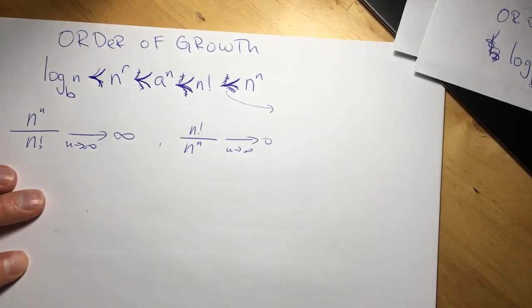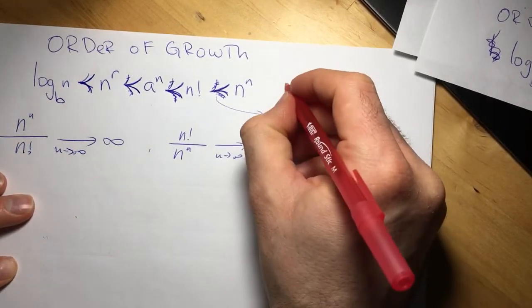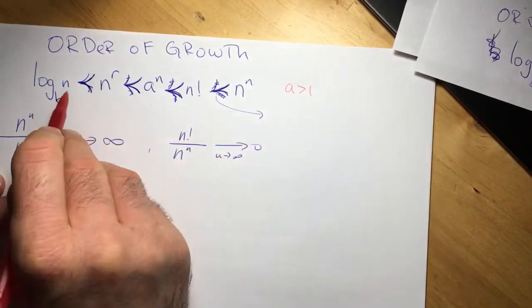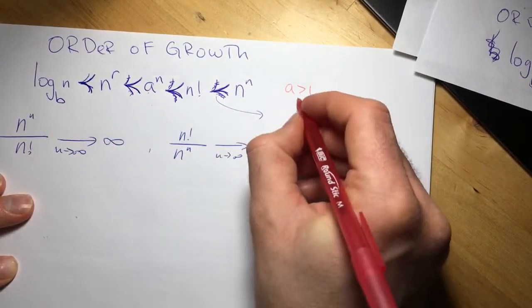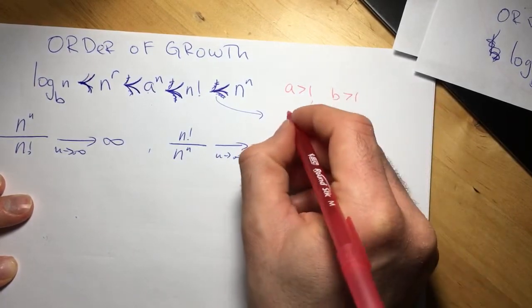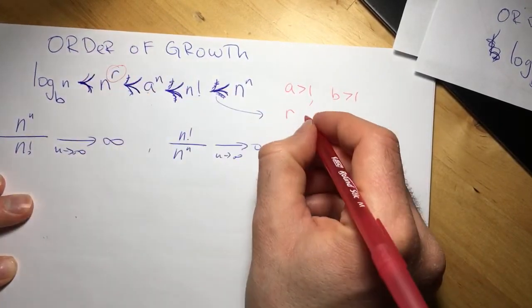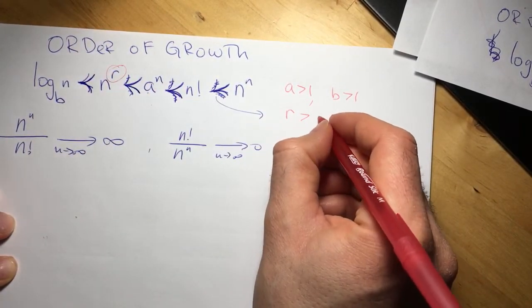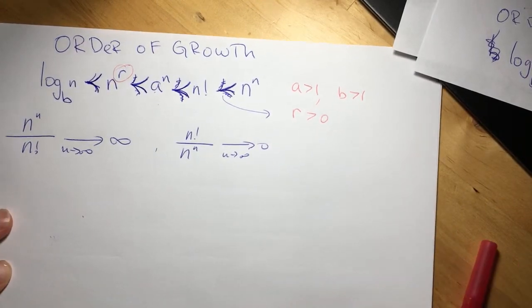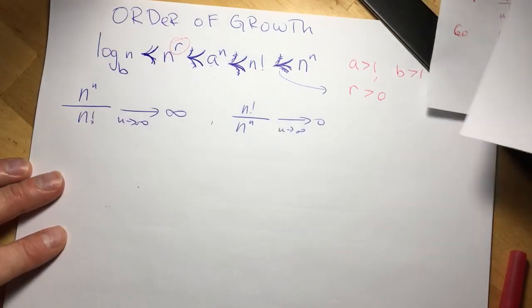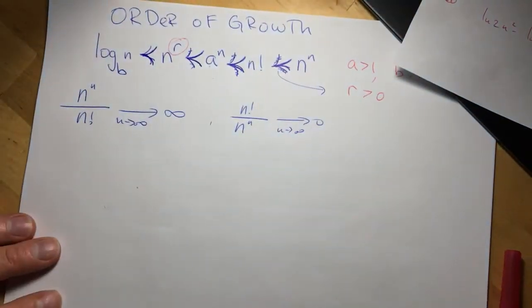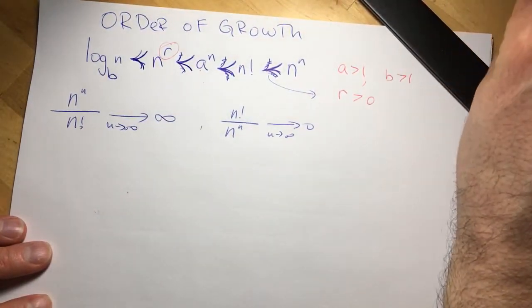Okay, we just have to point out two things here. A should be greater than b, greater than 1. B should be greater than 1, and then this exponent r is any exponent greater than 0, not just greater than 1. Okay, so let's do a few examples very quickly using this order of growth.